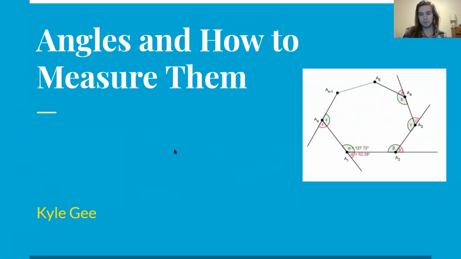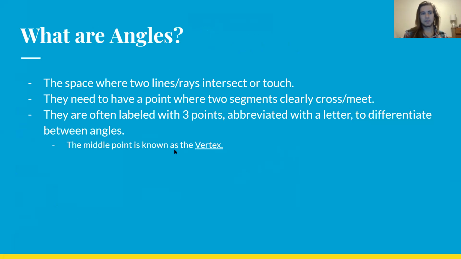So the first thing we have to ask is the question, what are angles? Angles are basically the space where two lines or rays, remember we've gone over those before. A ray is like a segment where one side keeps going on, the other one has a point.